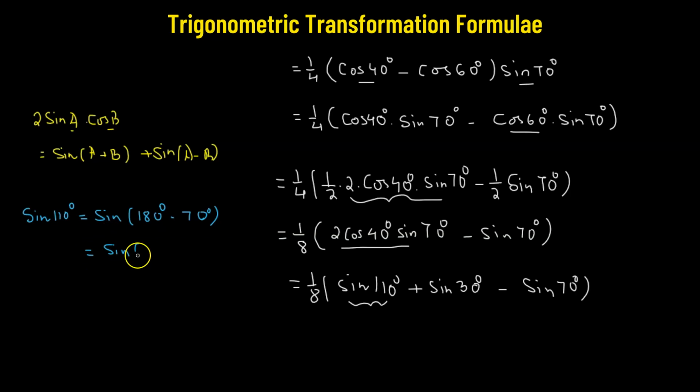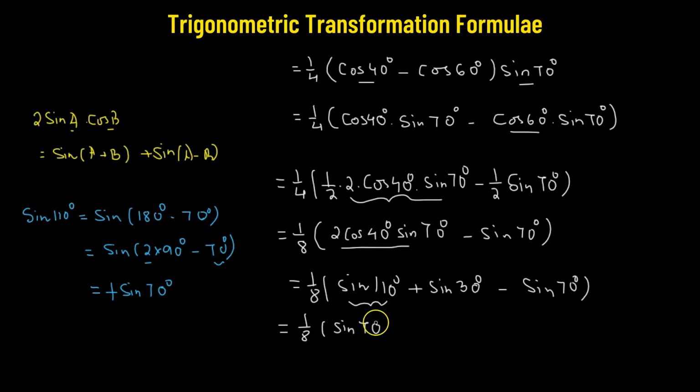And here we have 180 degrees, which can be expressed as 2 times 90 degrees, minus 70 degrees. The reason why we wrote it in this fashion is because we have an even multiple of 90 degrees. So whenever we have an even multiple of 90 degrees, the sine function is going to remain as the sine function, but the new angle is now going to be 70 degrees. And we are in the second quadrant where the sine function is positive. So that means sine 110 degrees is equivalent to positive sine 70 degrees.